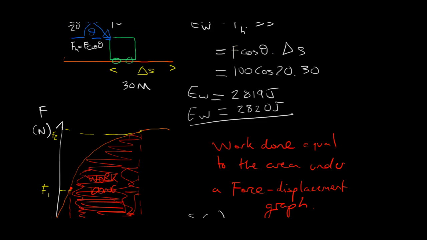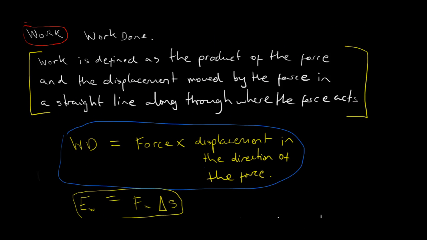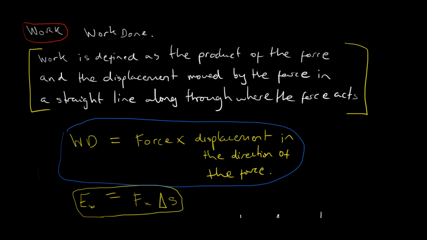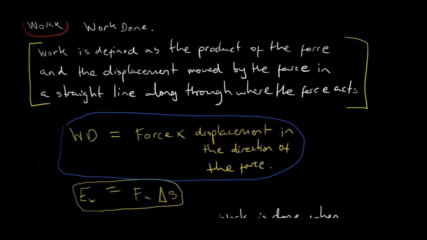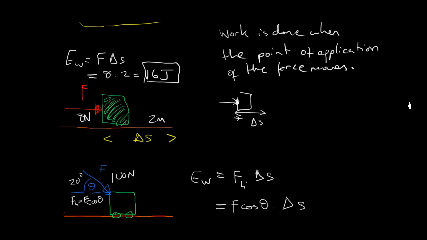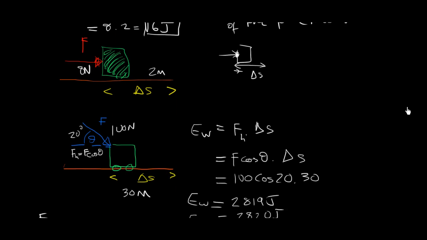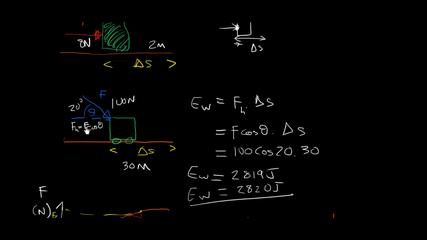So just a quick summary before we finish the video. We wanted to introduce the idea of work done, and we said that it is defined as the product of the force and the displacement moved by the force in a straight line along through where the force acts. So hopefully that in itself is a good enough definition, and you can see why the force needs to be in the same direction as the displacement.